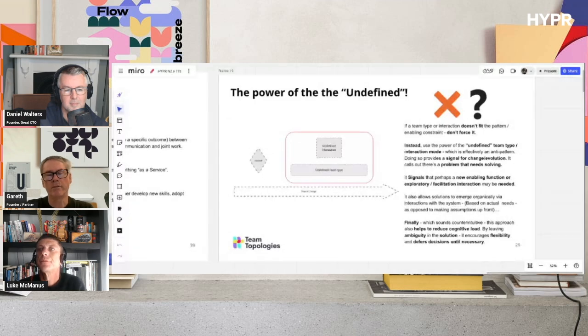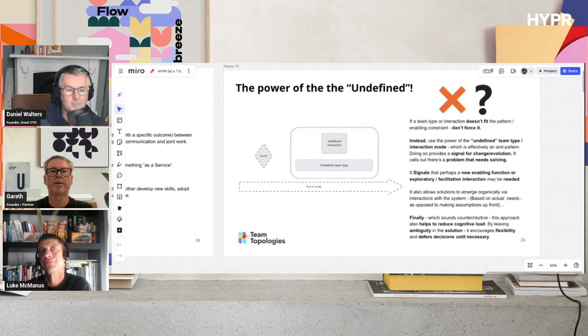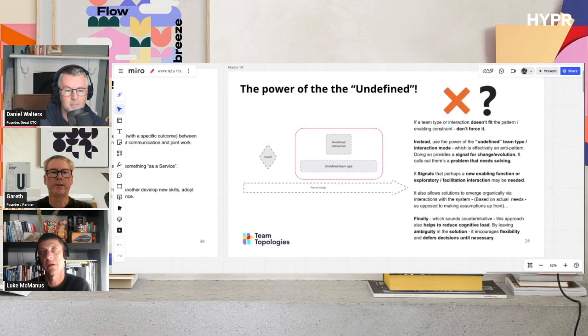And the benefit there is that you're not starting by trying to force fit what you're already doing to the team topologies approach, because then you've already made a bunch of compromises and you haven't really acknowledged them. Yeah, that's right. Exactly right.